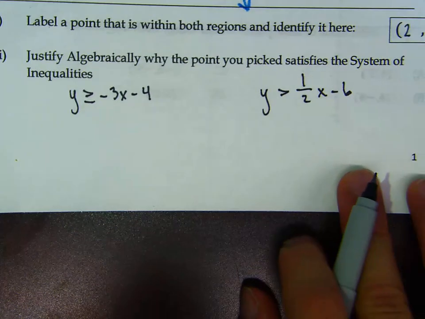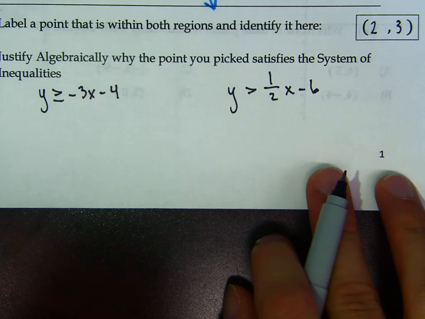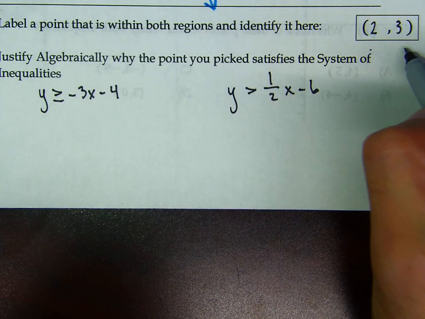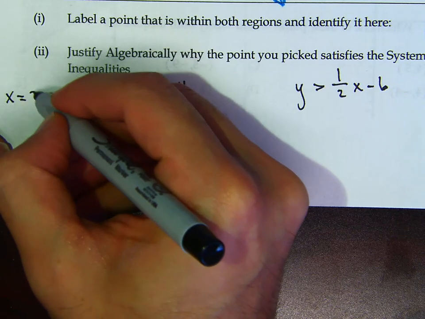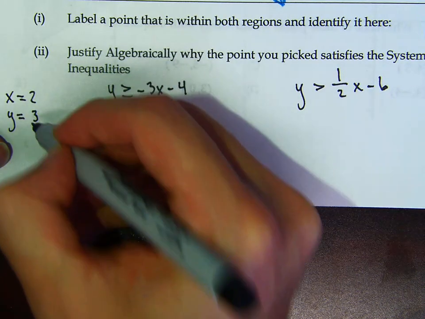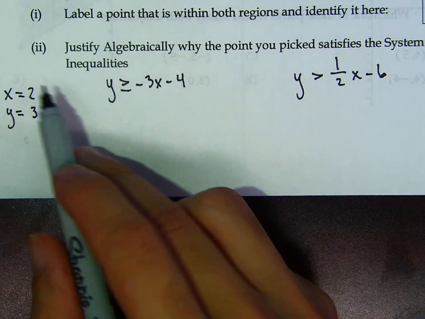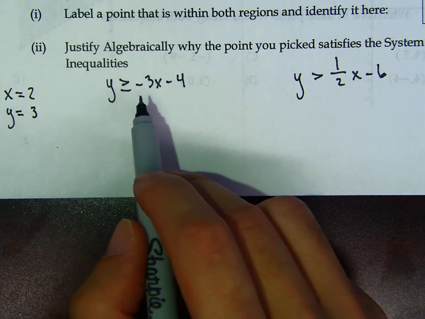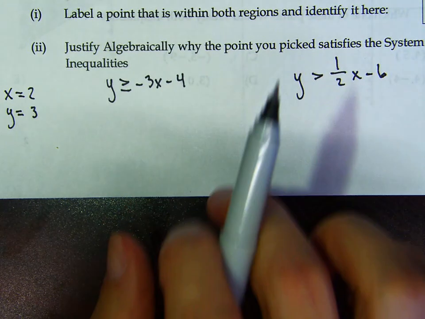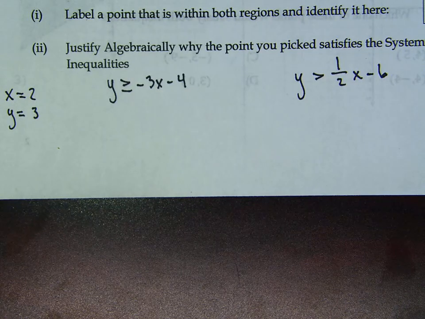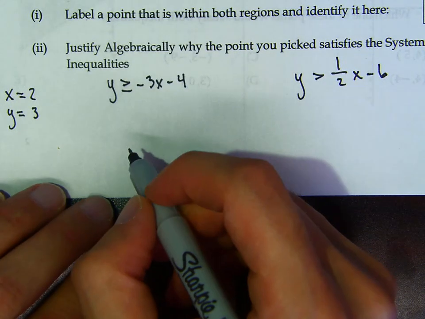What are we going to replace for both x and y? This is my x and this is my y. x is equal to 2, y is equal to 3. I want you to plug in x equals 2 and y equals 3 into both inequalities by yourself. Pause the video and see what you get.